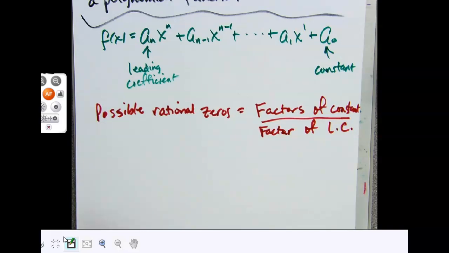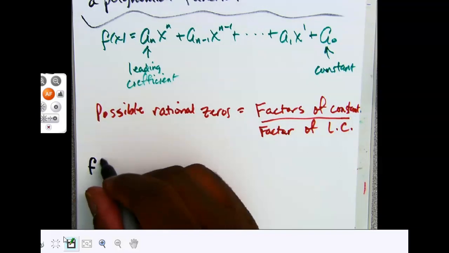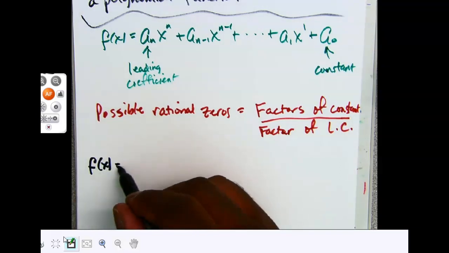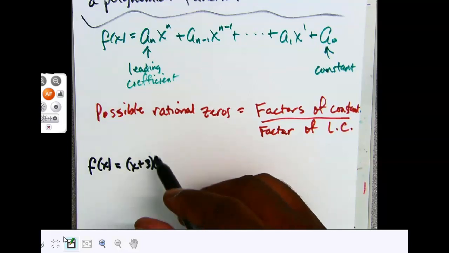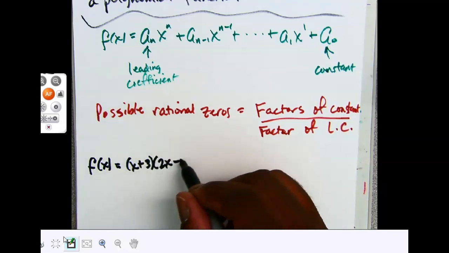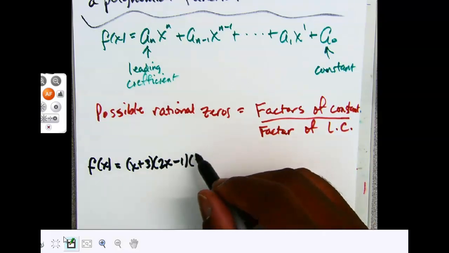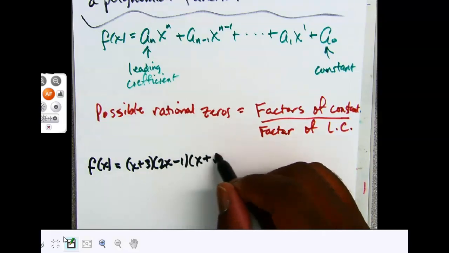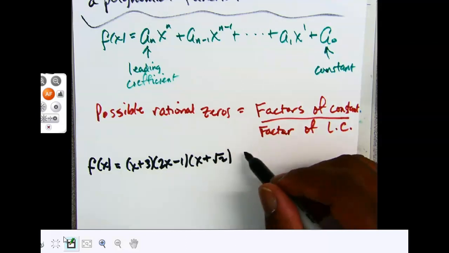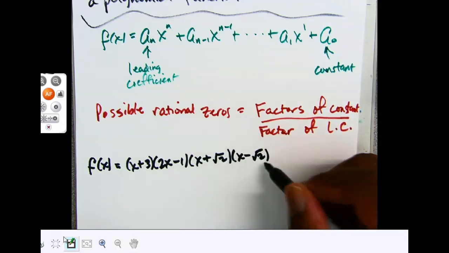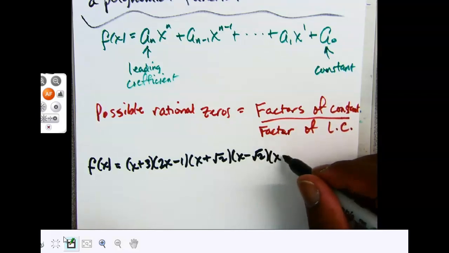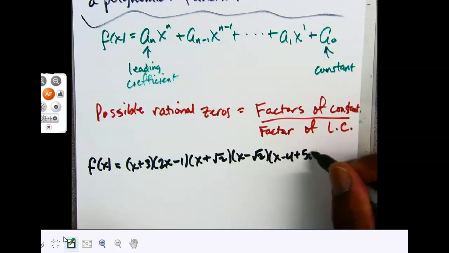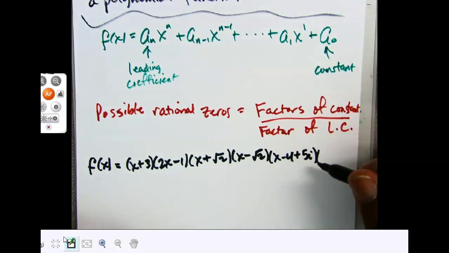So let's say we had a function such as f of x is equal to x plus 3 times 2x minus 1 times x plus the square root of 2 times x minus the square root of 2 times x minus 4 plus 5i times x minus 4 minus 5i.